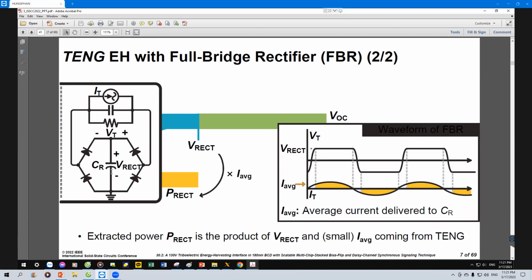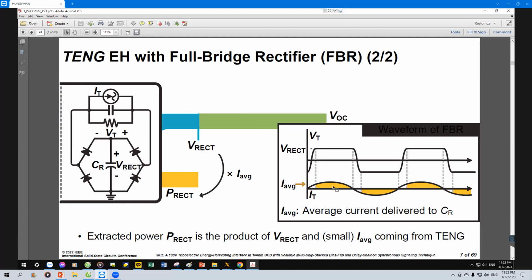P_rect is the power transferred to this cap, right? The power on the rectifier cap is equal to the voltage V_rect between the cap multiplied by the average current. So the average current flows into the cap, right? I_T means this current, the TENG current, so some of the current will flow.